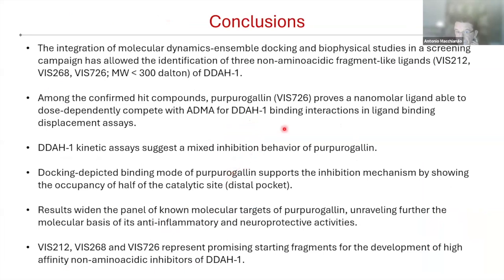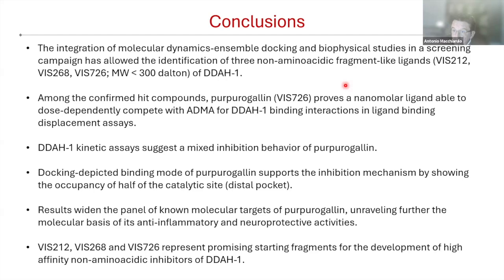So in conclusion, the integration of molecular dynamics, ensemble docking and biophysical studies in a screening campaign has allowed us to identify 3 non-amino acidic fragment ligands, compounds 212, 268, and 726, that show better binding efficiency index than ADMA.